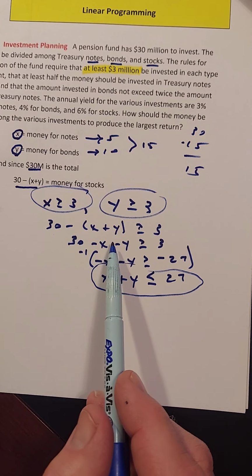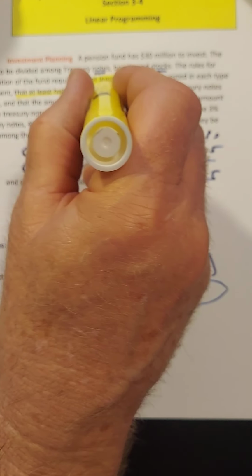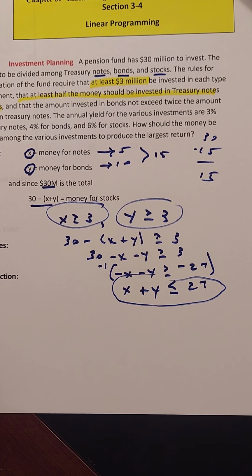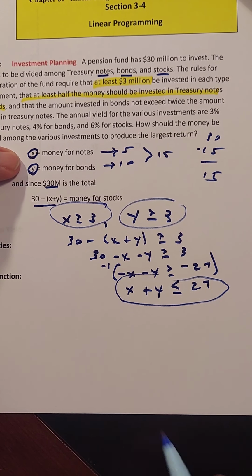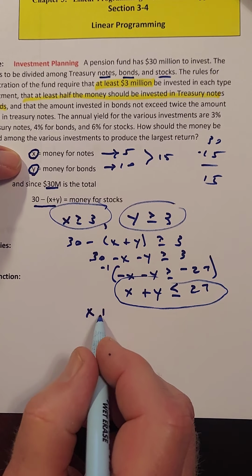Okay, what else do I have? Well, let's go up to administrative fund require at least $3 million be invested in each type, and that at least half the money should be invested in treasury notes and bonds. Treasury notes and bonds, well, that's X plus Y. It says at least half the money should be invested.